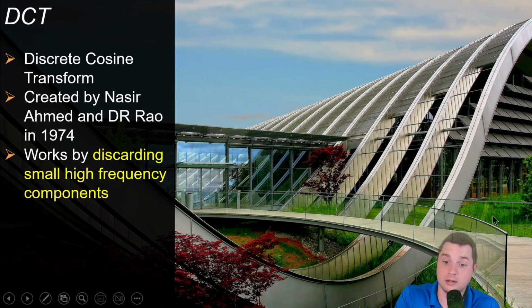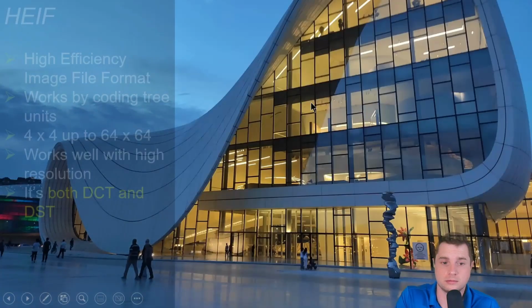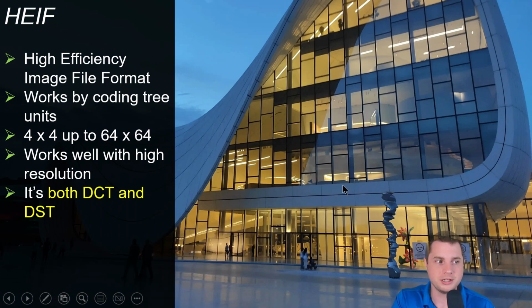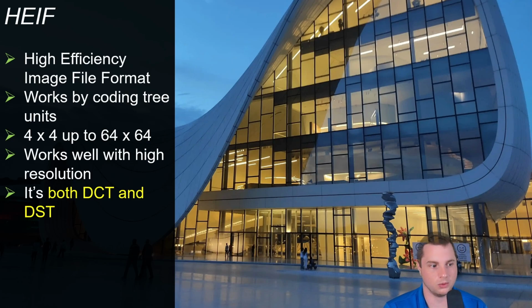I can down here. That got crushed. Okay. HEIF, high efficiency image file format. So this is your newer codecs, and it works very similarly to DCT, but what it does is takes big blocks and then essentially just represents that into a table.